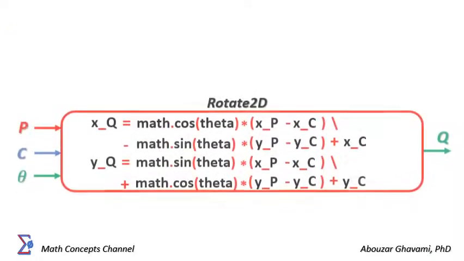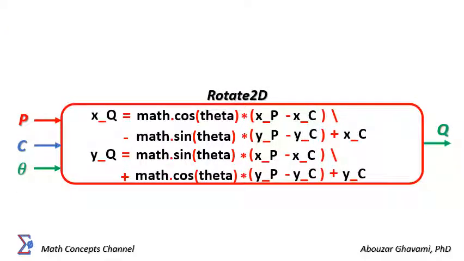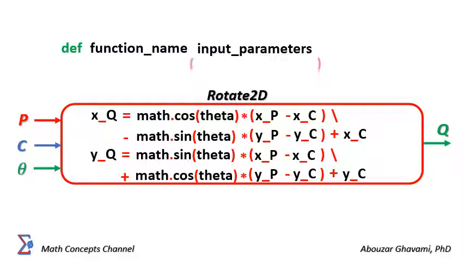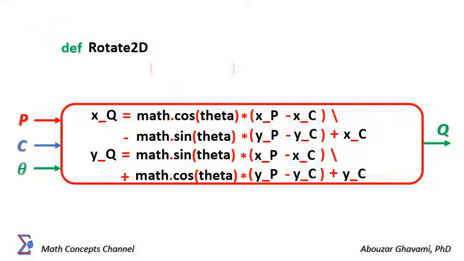Now let's put the Python formatted 2D rotation equations into a Python function. A Python function is defined with keyword def, function name, input parameters of the function inside parentheses, and the colon sign. The rotate2D function inputs rotating point P, center point C, and angle theta.